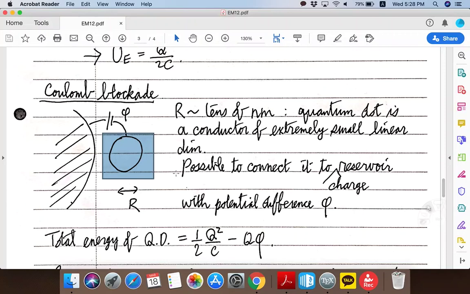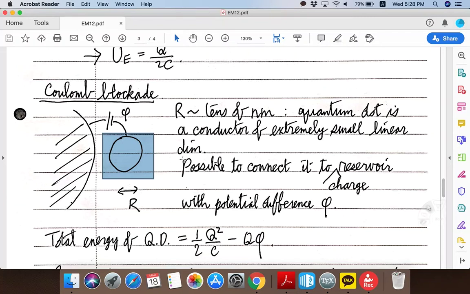The only unique feature about a quantum dot, at least from the electrostatic perspective, is that it's extremely small. The size of the quantum dot is typically tens of nanometers. Hence, the electrons inside that quantum dot are often described by quantum mechanics rather than classical electrostatics.